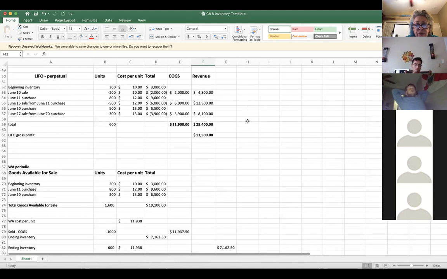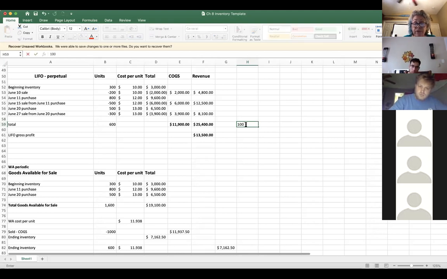The 600 units that we had in ending inventory, let's go back and look, came from which layers? Now, layers, remember, are purchases. So I want you to get used to the term layers. So the 600 units came from which layers? Beginning and June 11th. So how many of beginning did I have? 300. 100 from the beginning. Right. How many did I have left?